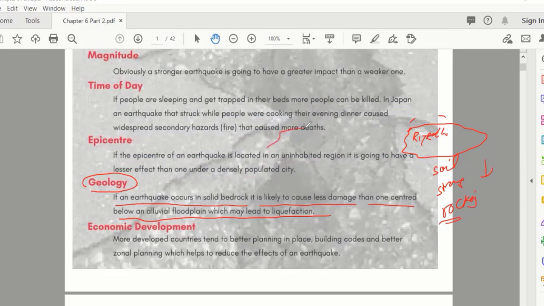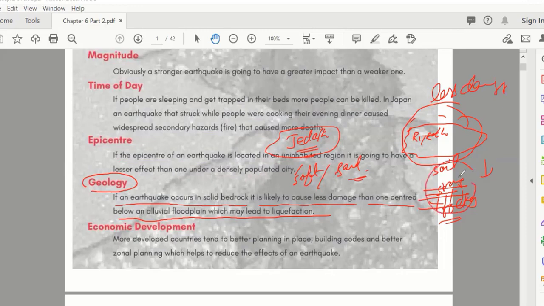As compared to this, if you go to the seaside like Jeddah, near the sea, they have soft soil, meaning sand. So if the earthquake comes in Riyadh, where the bedrock is really strong, it will cause less damage because the soil structure in Riyadh is strong.